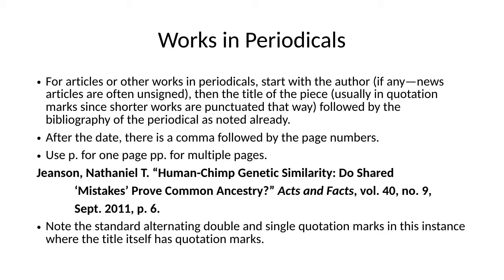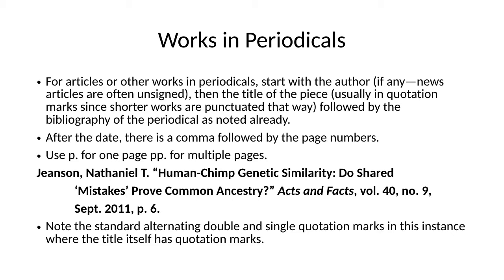For articles or other works in periodicals, you start with the author, as I said, and then the title of the piece, usually in quotation marks, followed by the bibliography of the periodical as noted. After the date, there is a comma followed by the page numbers. So here is an example. This is written by Nathaniel T. Jeanson, Human-Chimp Genetic Similarity. Do shared mistakes prove common ancestry?